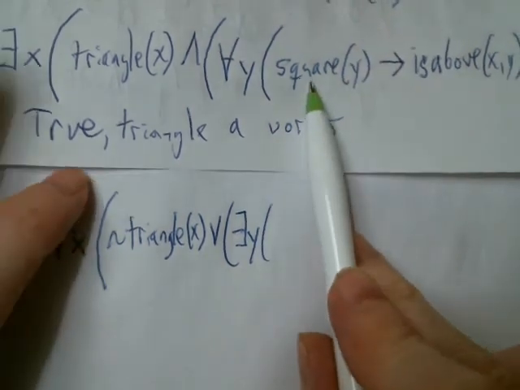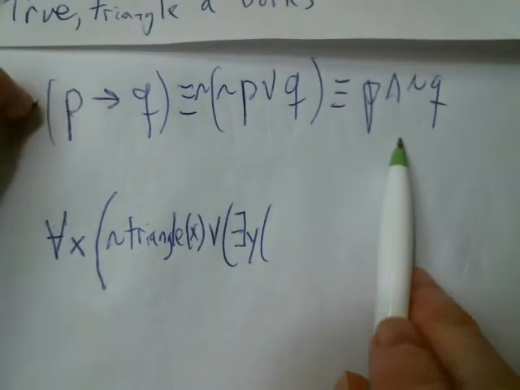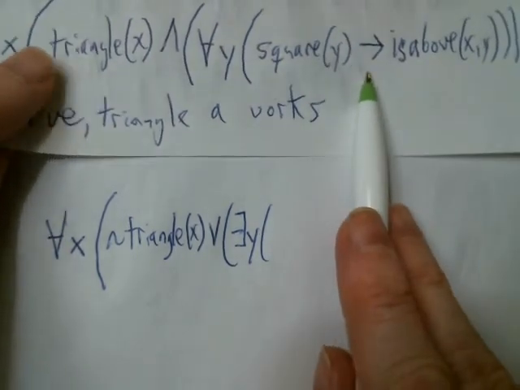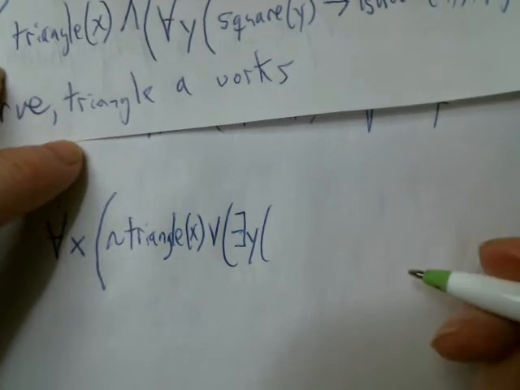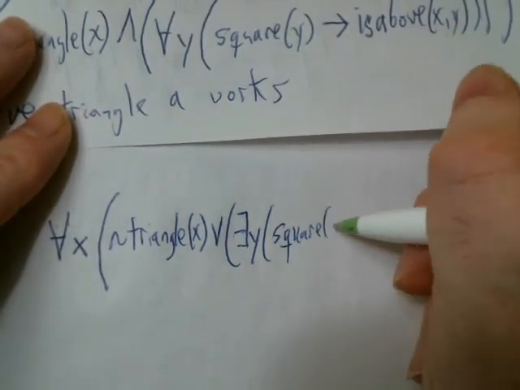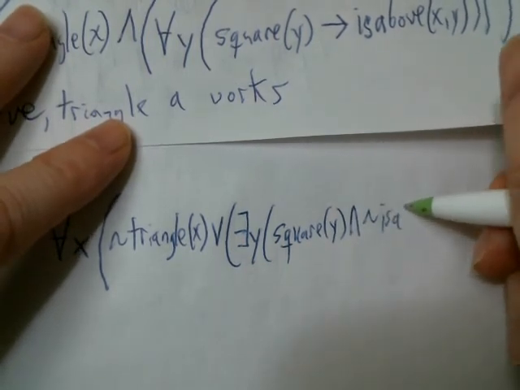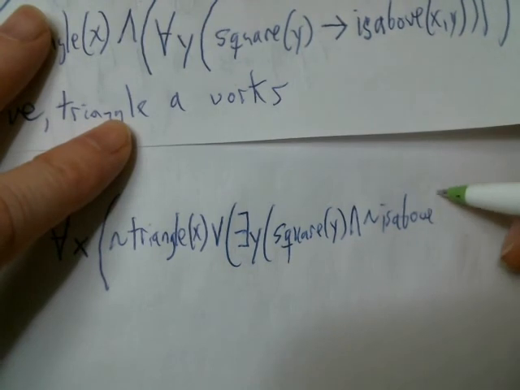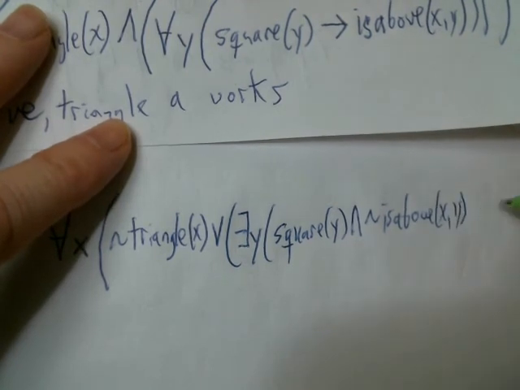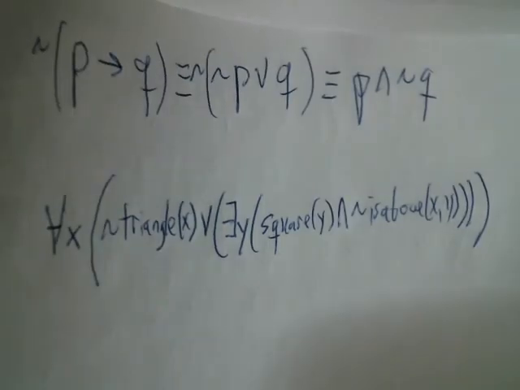And then this part we use these equivalent forms to rewrite it as an and. So we'll have square y still, and not above. And then we need our parentheses. I think there were 3 of them. And then we should be good to go.